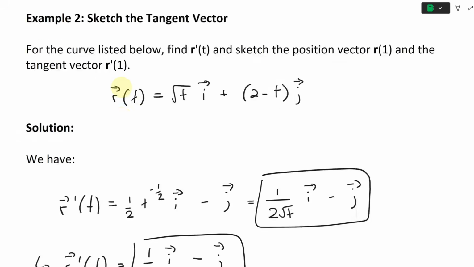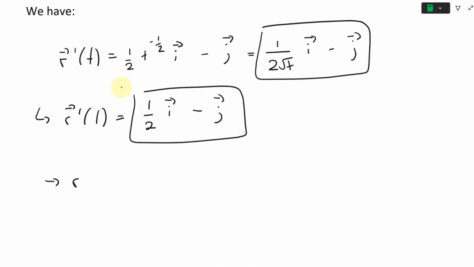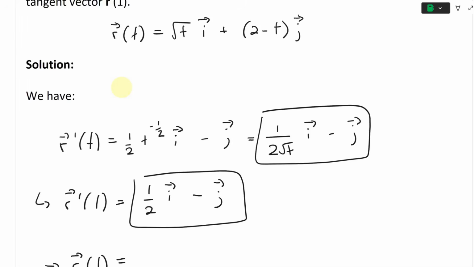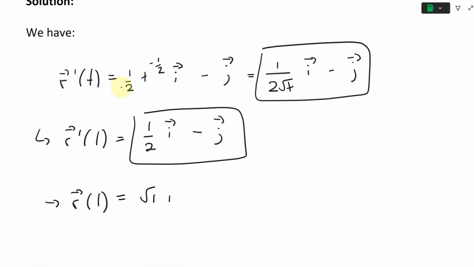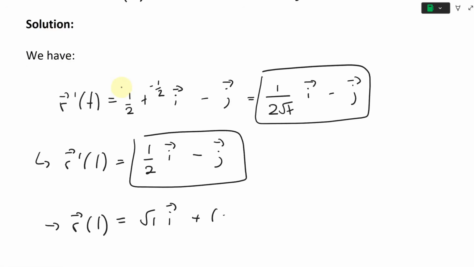Lastly, let's get the point, just the regular vector. r of 1 equals, let's plug these values in, square root of 1 times i plus 2 minus 1 times j. So this equals i plus j. Like that, so there it is.